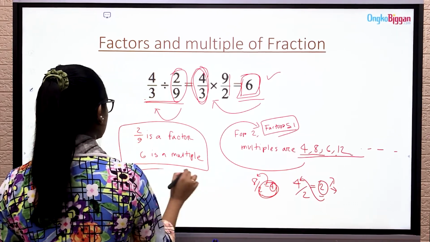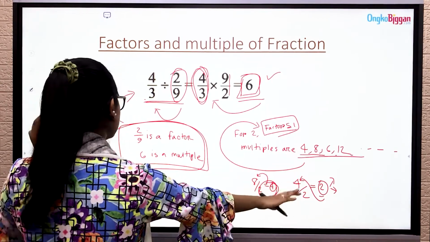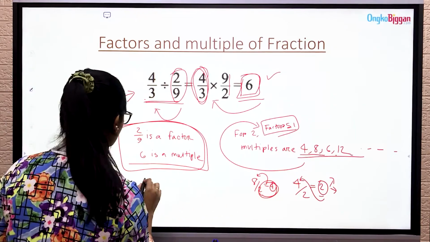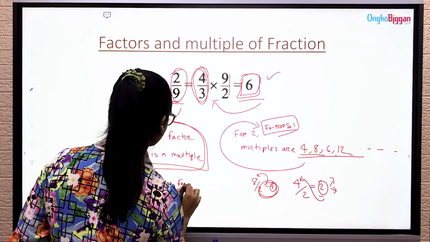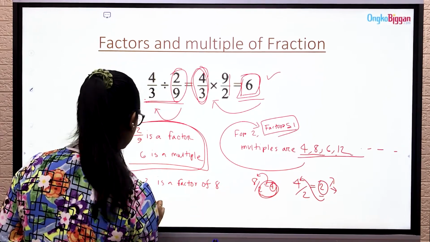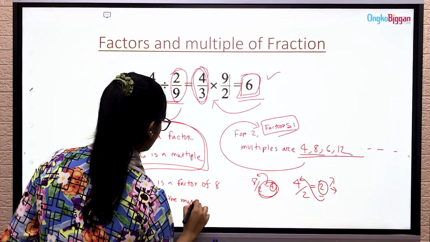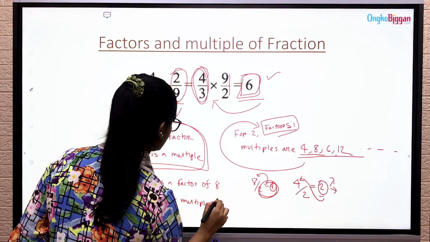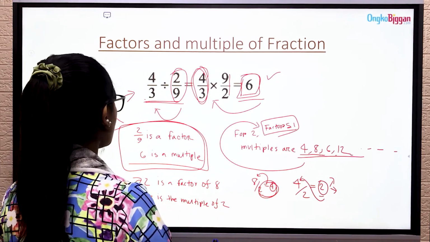So this is in the case of fractions. It's quite similar to this: here 2 is a factor of 8 and 8 is the multiple of 2. These are just reverse. So I hope you are clear.